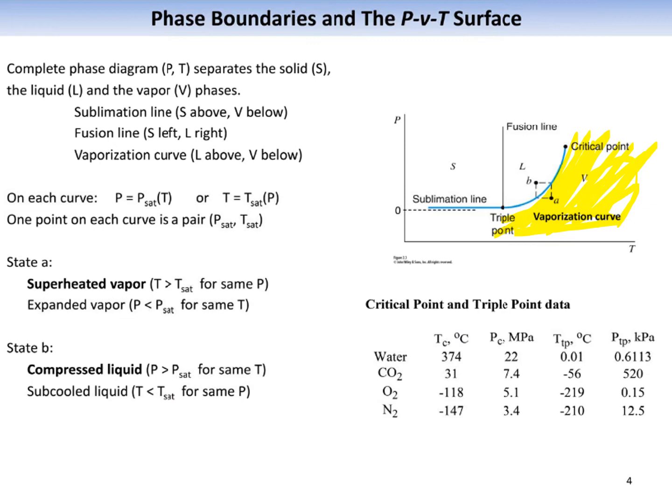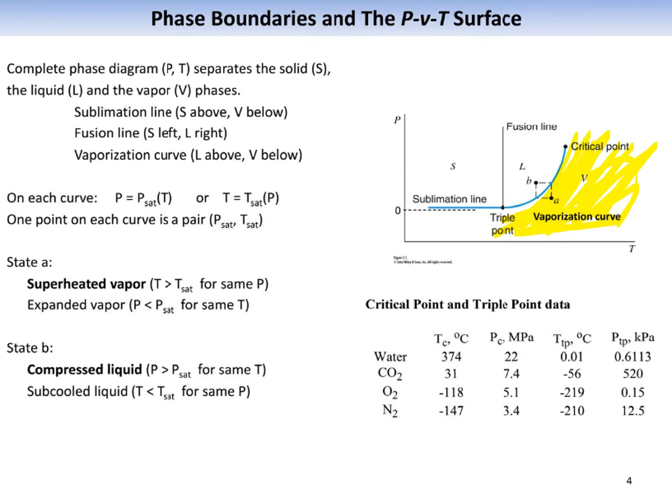The triple point for nitrogen is at minus 210 degrees centigrade and 12.5 kilopascal.